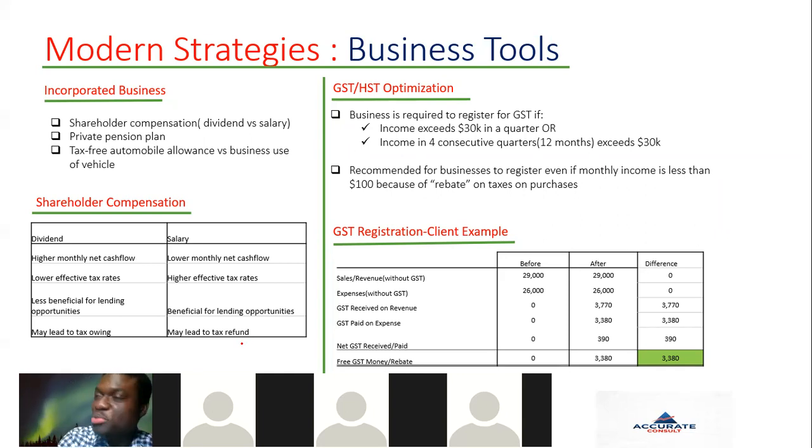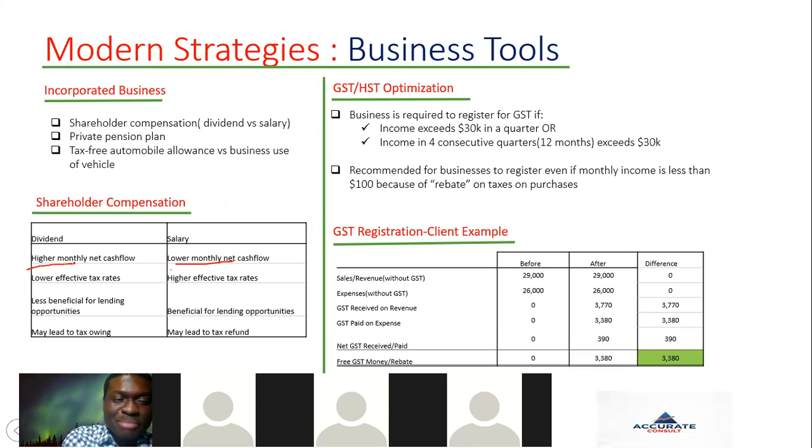If I push that through a payroll system, it will deduct CPP and payroll taxes, so I'm going to end up with a lower monthly net cash flow. Maybe out of the 3K gross income, I might get like 2K at the end of the month. But if you pay yourself dividend, you will get the entire 3K that month.